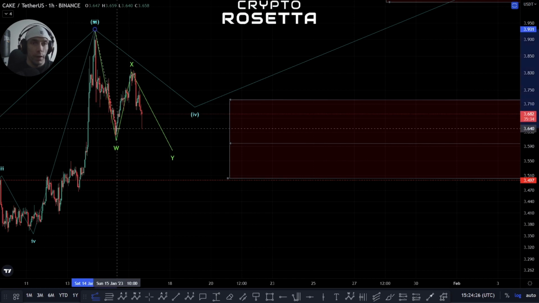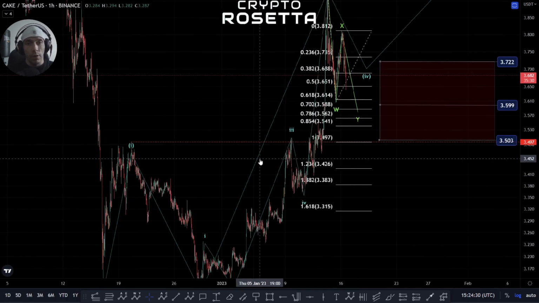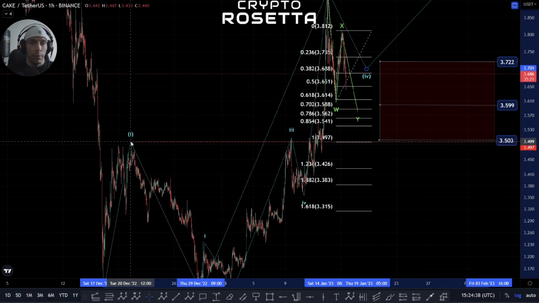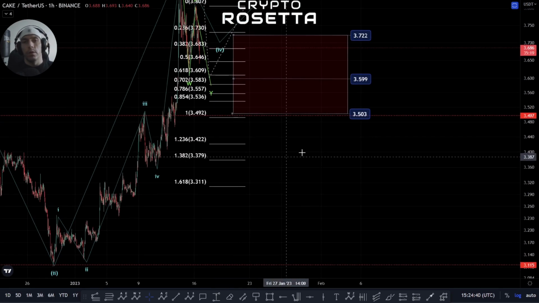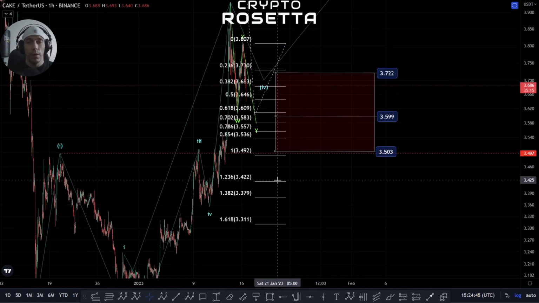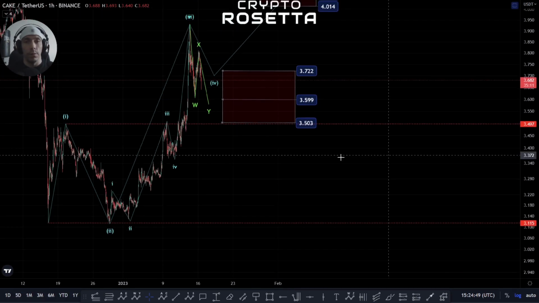If that's the case, our target zone for that would roughly be this 1.21, which would bring us very close to invalidating this wave 5, as we've got it marked up here. If we did move down to that 1.21, it would invalidate it, and we'd have to start asking ourselves whether we have further extension here.